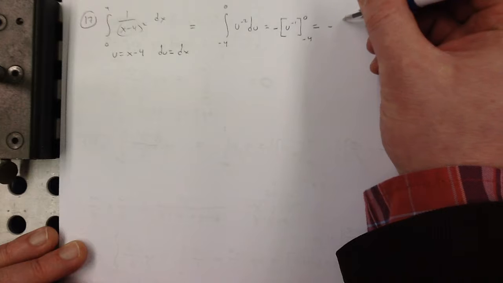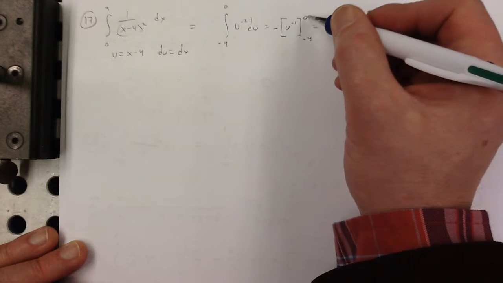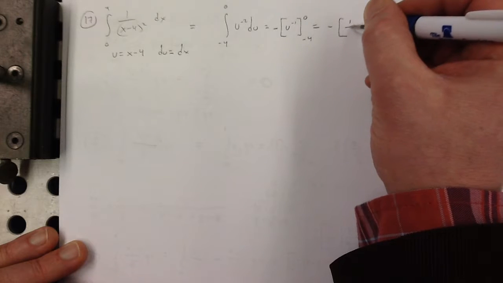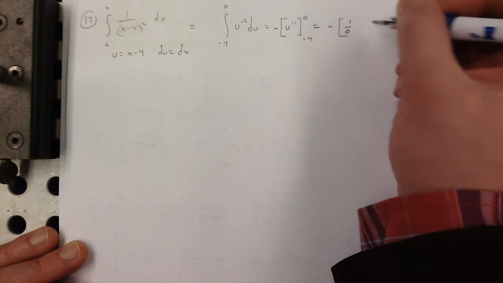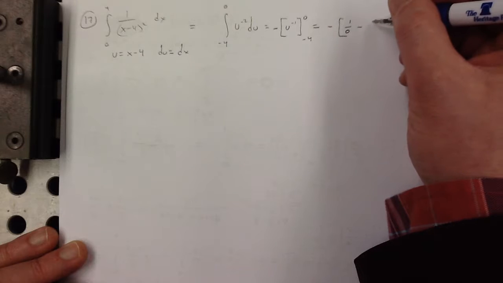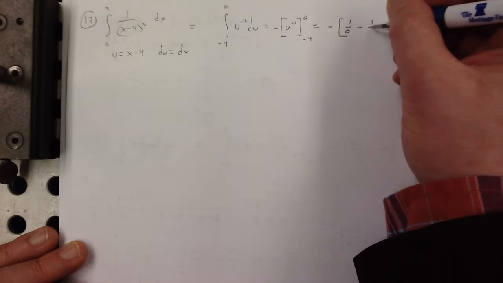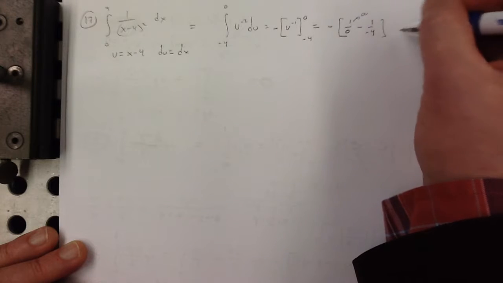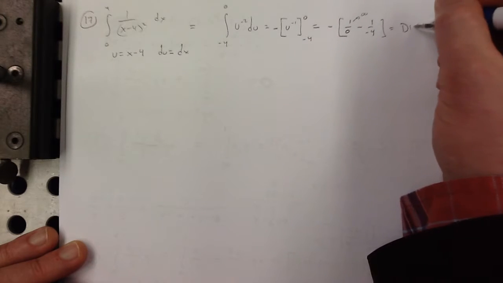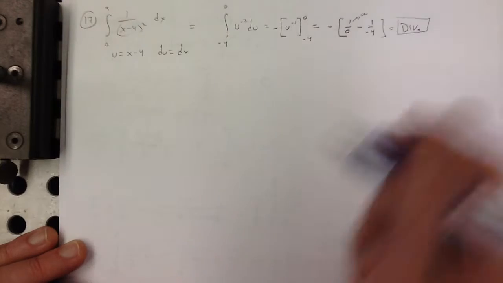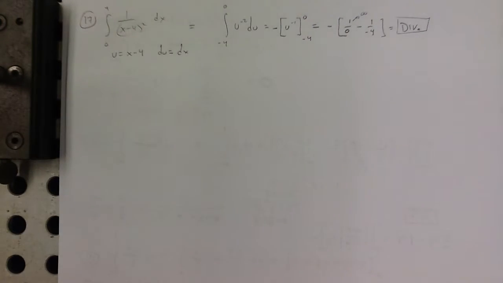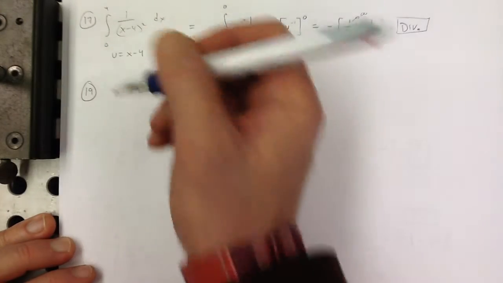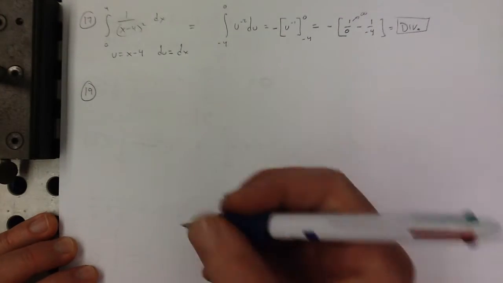So I have negative, and then when I plug in 0 here, I get 1 over 0 minus 1 over negative 4. 1 over 0 is going to go to infinity, so this is divergent. No dice. As they say in Scotland, you cannae do that one, lad.